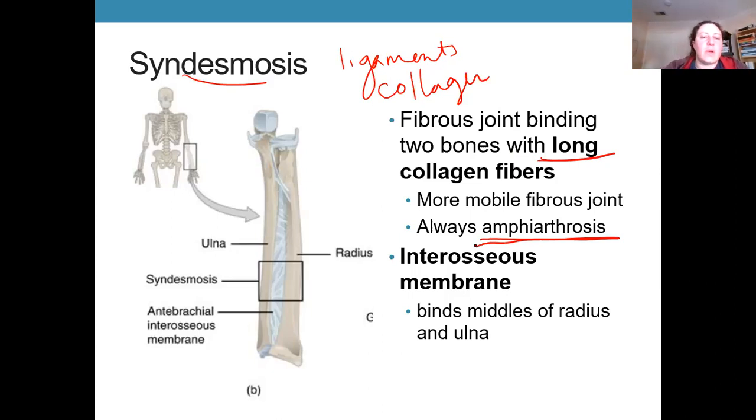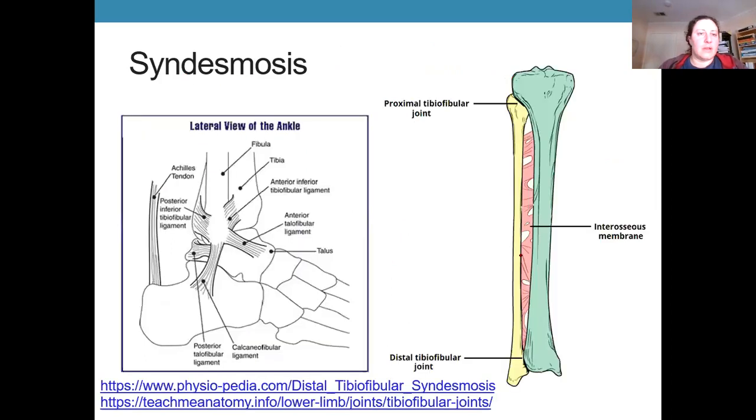And some of them are quite big, so there are collagen fibers all down the connection between the radius and the ulna, for example. We call it the interosseous membrane, but it is actually a syndesmosis. It's actually a joint down the entire length of those bones, joining them together. And there are others like that as well. So here's a couple in your leg.